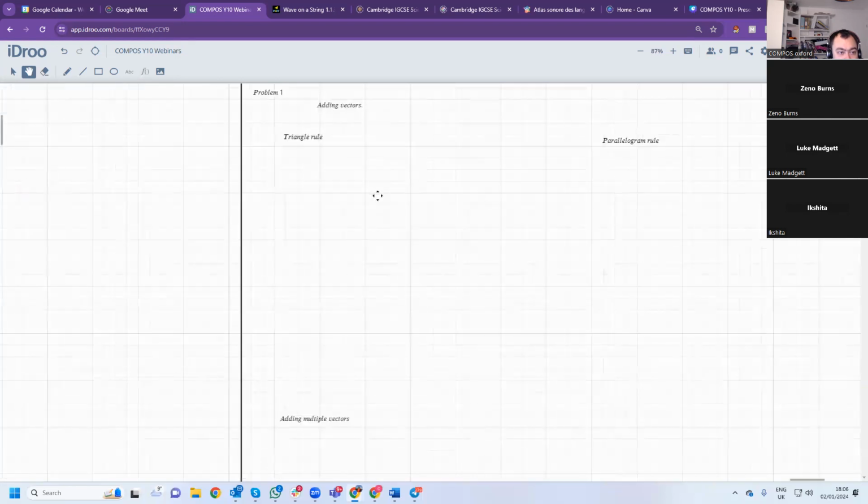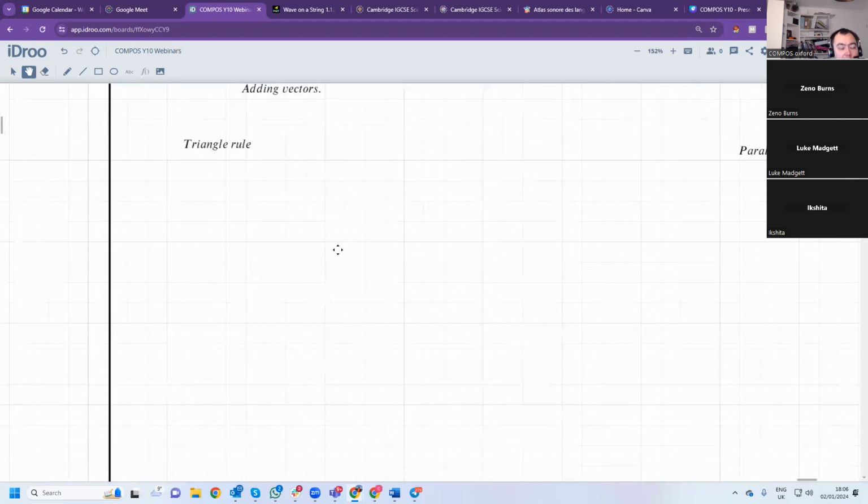First is the triangle rule. The triangle rule. So for example, you have vector A and vector B. Okay, this is vector A and this is vector B.